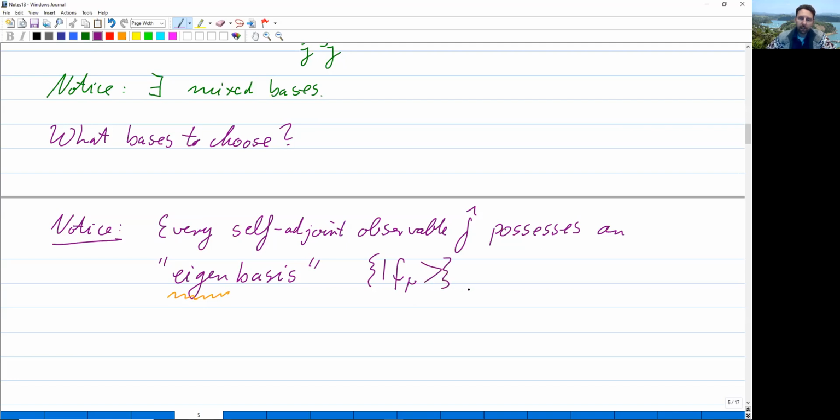And this mu could run through a discrete or continuous index set. Mu can be from a discrete and or continuous index set.